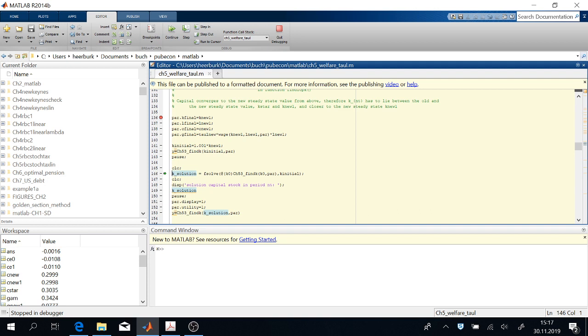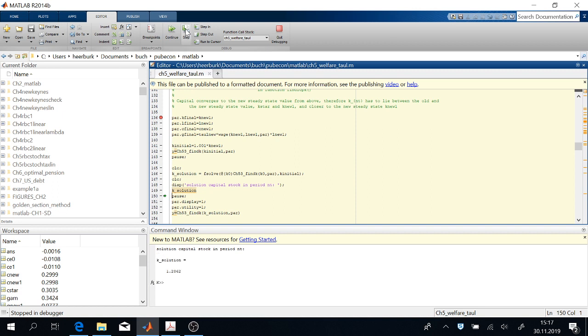This is very convenient, so we can pass a parameter vector to this function and use a different argument for it. So fsolve knows that it only has to find the zero with regard to the first argument, K0. And the solution is stored in K solution. We find that this solution is 1.2862.